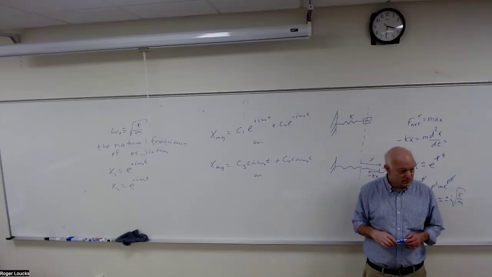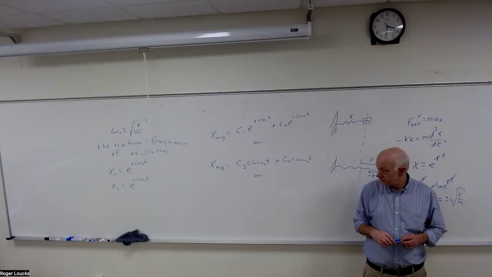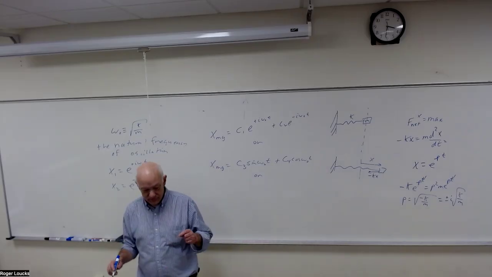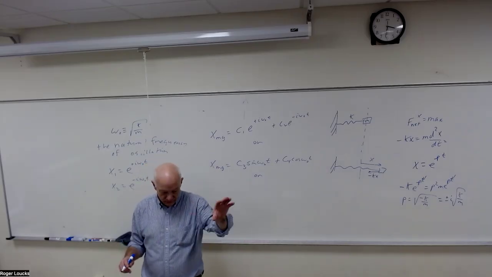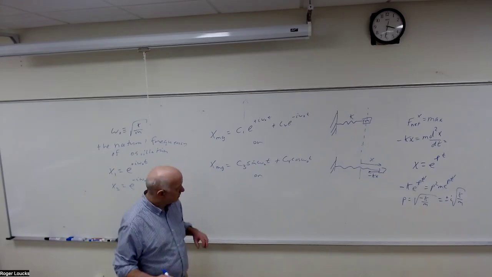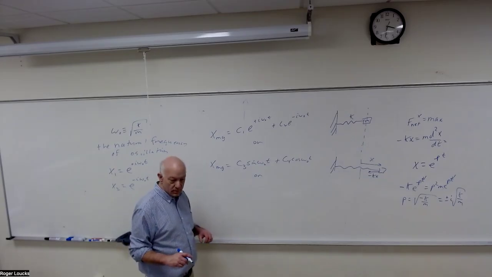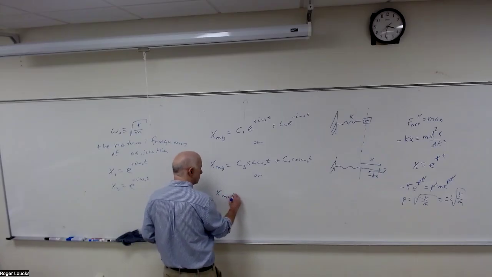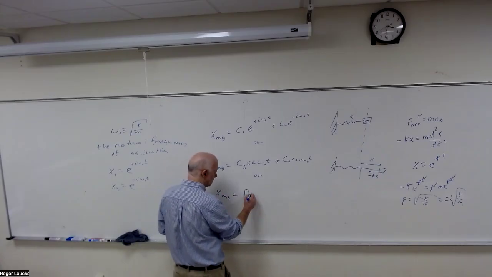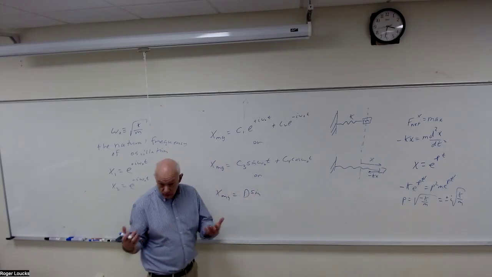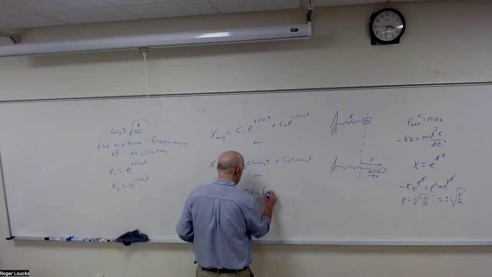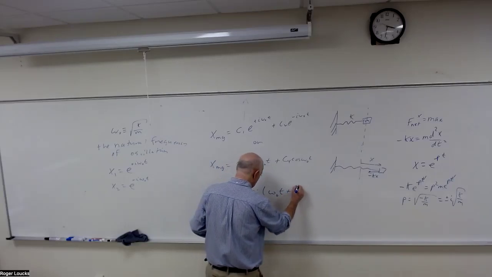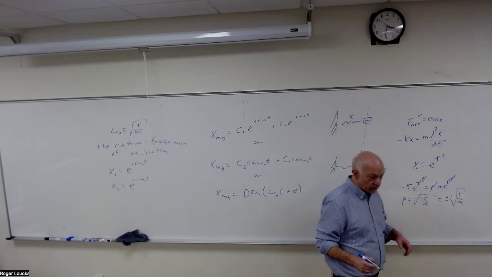Or, you treat C3 and C4 as sine and cosine of a constant phi, and combine them into sine of omega t plus phi, or plus or minus phi, depending on how you set it up. So I can write this with some new constant, we call it D, times sine, it could just as well be a cosine, of omega naught t plus or minus phi. You're all cool.